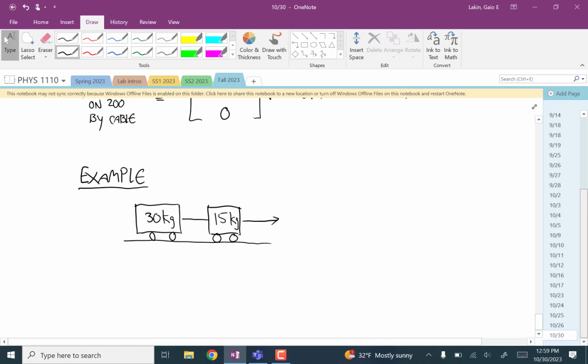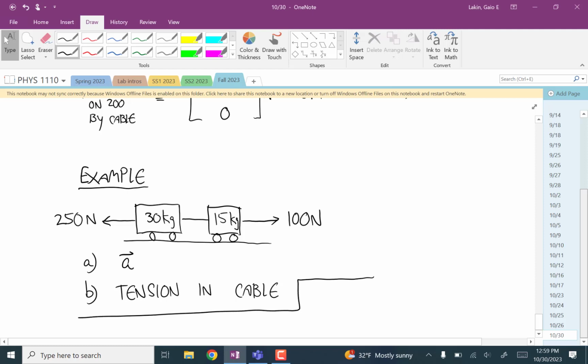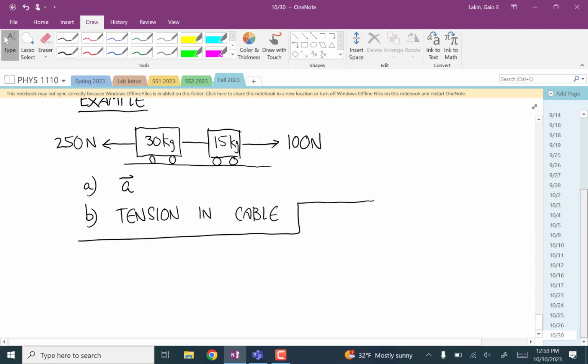And you have a force on the 15 kilogram thing of 100 newtons, and a force on the 30 of 250 newtons. So calculate the acceleration vector. And then second, calculate the tension in the cable. Okay, take a few minutes and see if you can work through that.